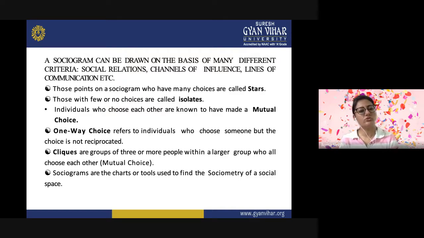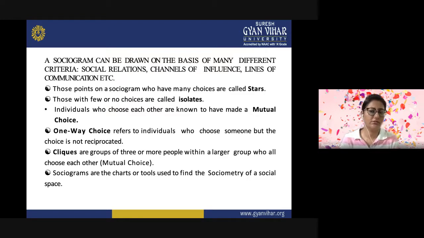Those points on a sociogram who have many choices are called stars. If the whole group which you have inquired or been observing has pointed out a few people as the favorite of many, so most of the choices belong to one or two persons, those people can be termed as stars in that group.